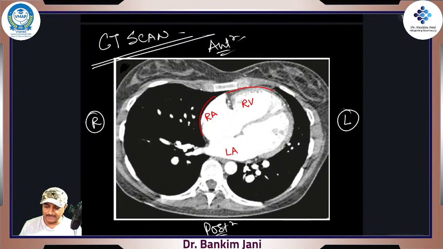And which chamber is forming the left side? This is the left ventricle. Wonderful. What we are watching over here is the interventricular septum between the two ventricles, and what we are watching over here is the interatrial septum. Let me zoom it.